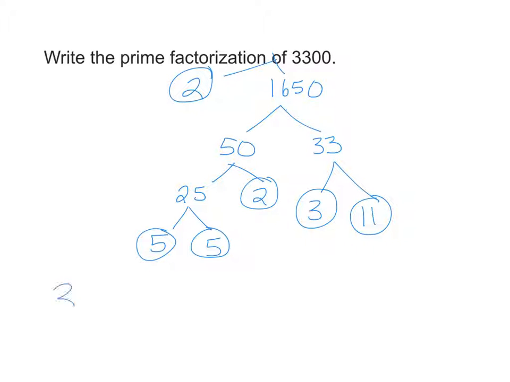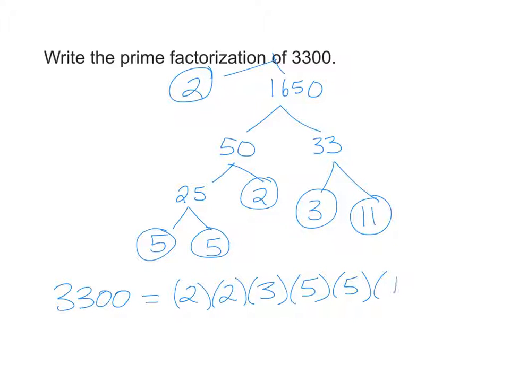3,300 equals 2 times 2, times 3, times 5, times 5, times 11. Notice I'm starting smallest number to the biggest number of the numbers that I've circled. So pick the smallest circled number, which was 2, and there are 2 of those.